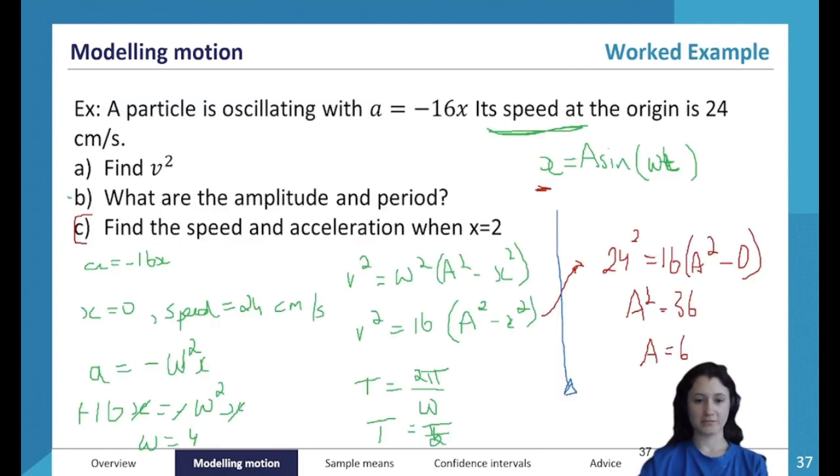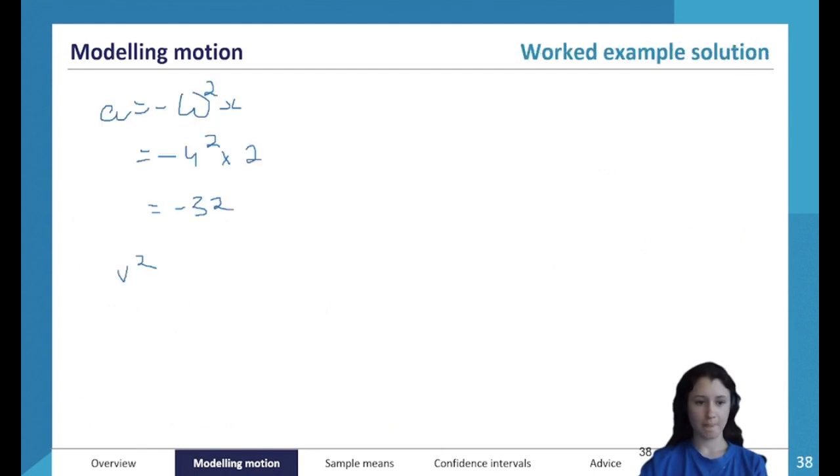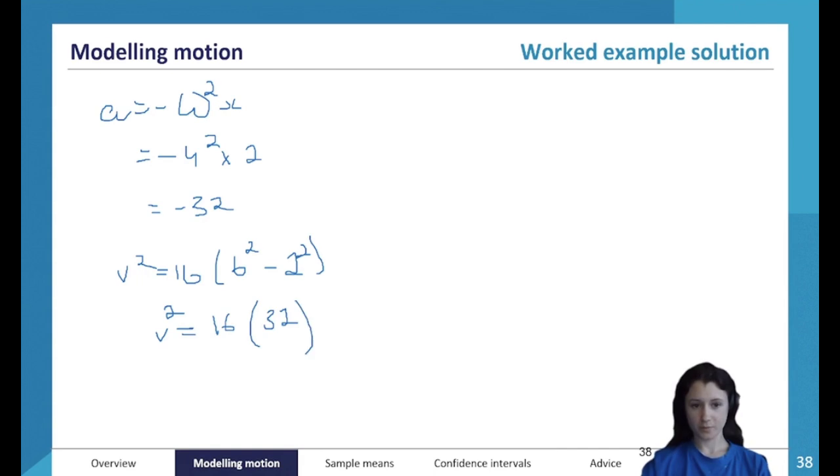Now we need to find our velocity. So we have velocity squared equals 16 times a squared, which is 6 squared, minus 2 squared, because that's our x value. So we're going to have 16 multiplied by 36 take 4, which is 32.